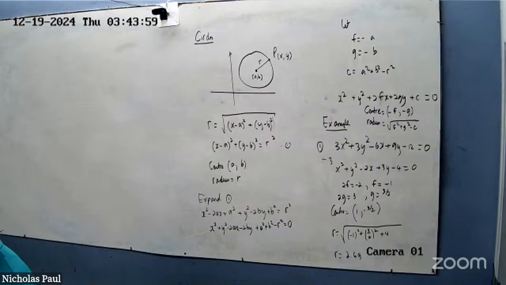Find the equation of a circle, going the other way around, right?